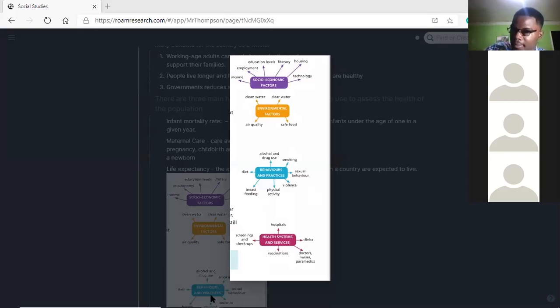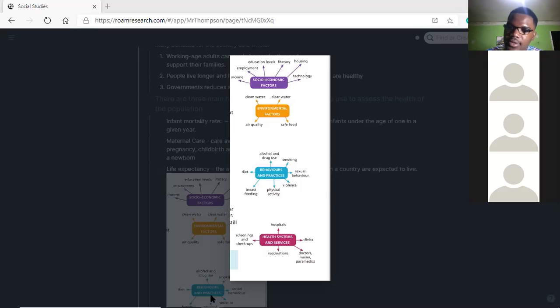Well, their income, because if I have a higher income, I can provide for myself better, so I can eat properly. What job do I have? My employment, my education level, how knowledgeable am I of my health? Not even just that, but what job am I able to attain with my education level? The literacy, right? The housing, the technology. These are the different factors that affect health, right?